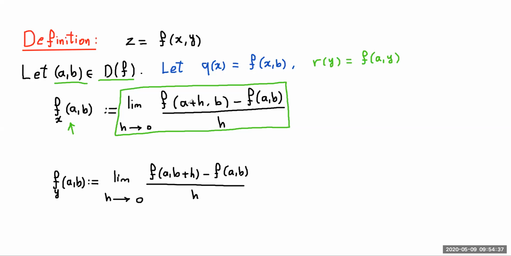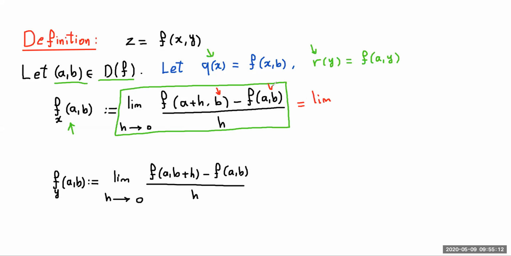So the limit of f(a plus h, b) minus f(a,b) over h. So if we note the function q(x) equal f(x,b) and the function r(y) equal f(a,y).